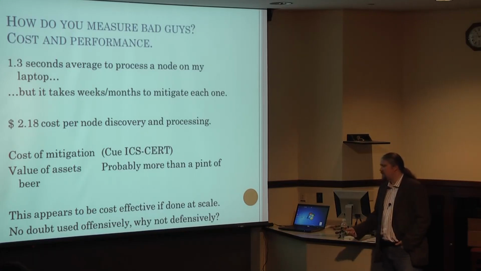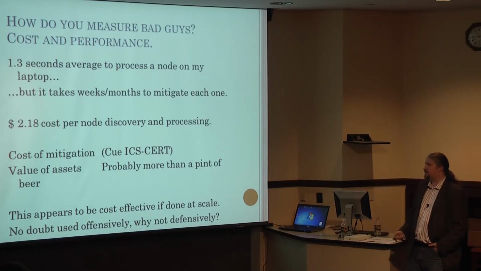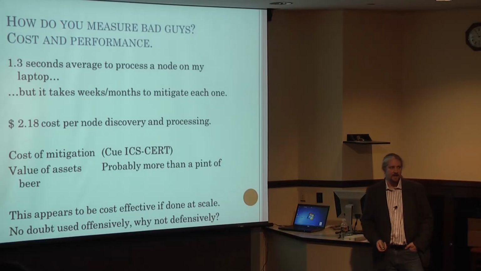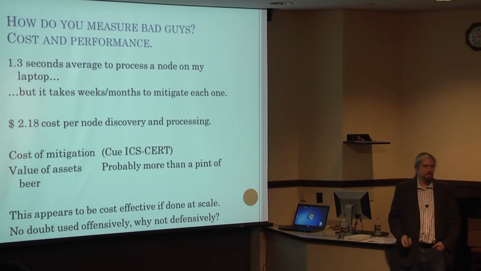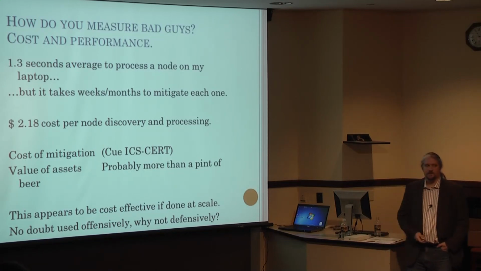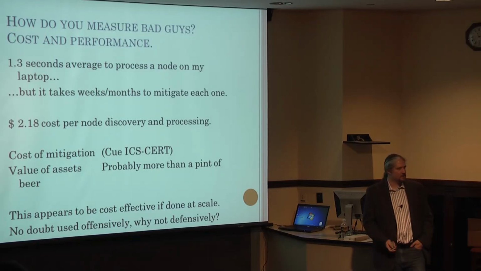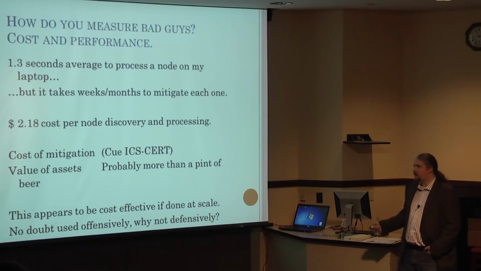No doubt these kinds of scanning techniques, much better than Shodan, much faster, are done offensively at the national scale. No doubt. Fine. I don't know of many defensive efforts. And that disturbs me a little bit because this is known stuff. You know, Nmap is not new. We've been using that for a long time. So why not defensively?